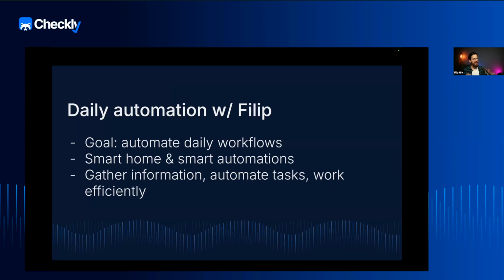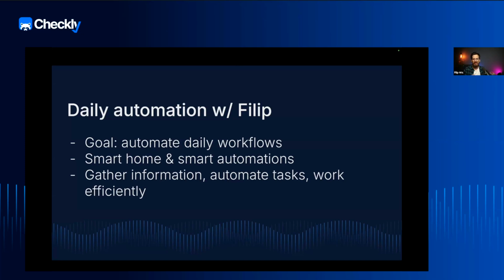In the same manner as you would try to automate a smart home, where your lights automatically light up when you get into a room or stuff like that, I'm thinking we can do smart automations. And that can be different kinds of things like gathering information, automating tasks, working more efficiently. And I really love these kinds of things. I kind of love automation.